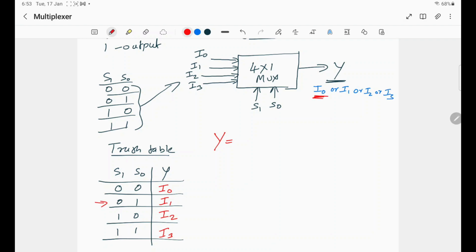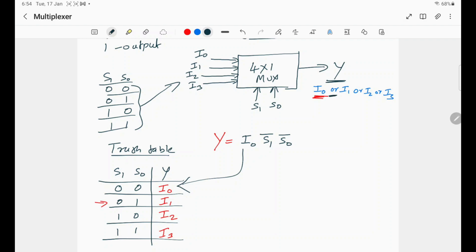But remember that we will not get all these inputs I0, I1, I2, I3 at the same time. At a time we will get either of these 4 inputs at the output. So we will get I0 at the output only in this condition, that means when S1 is 0 and S0 is 0.